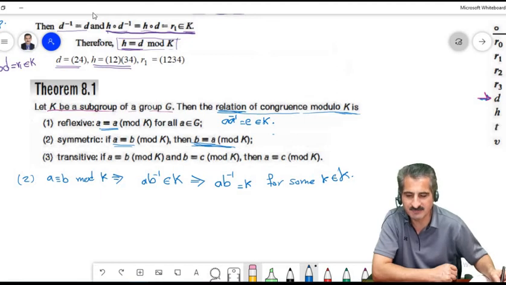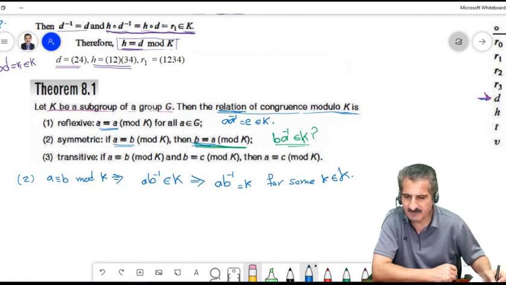To prove that, we want B times A inverse to belong to K. This is what we want to prove. Can we obtain that from here?